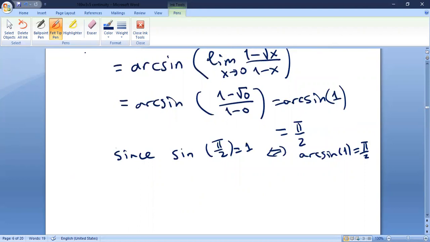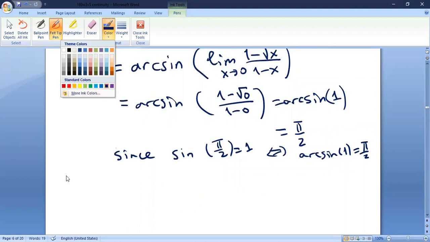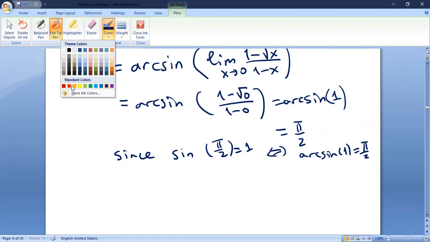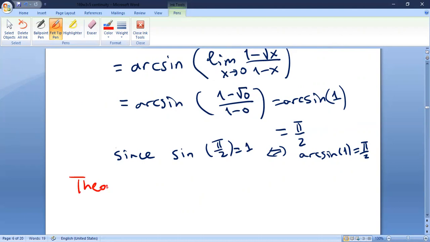So, another fact is, if we have two continuous functions, then their composition is also continuous.